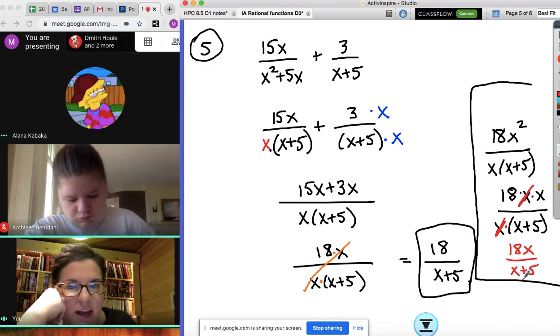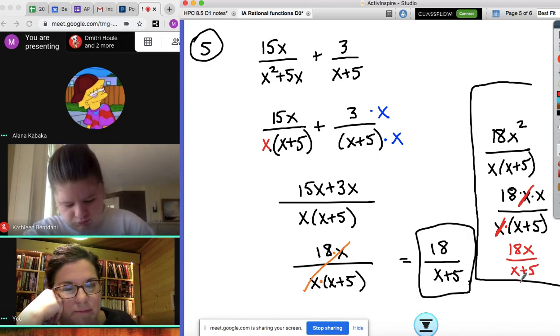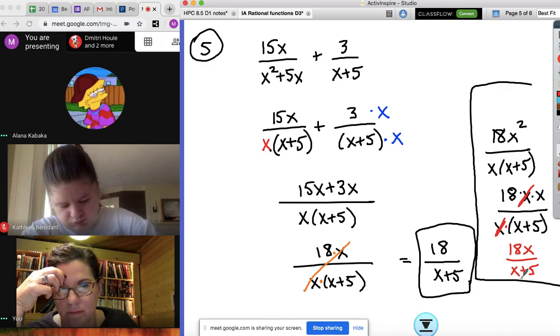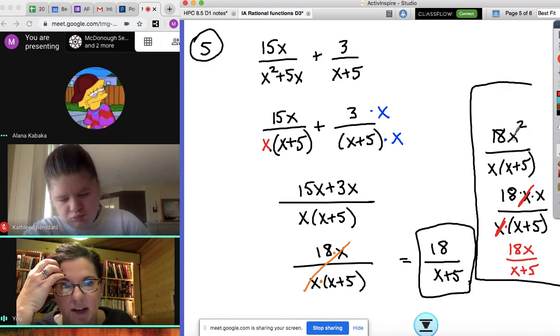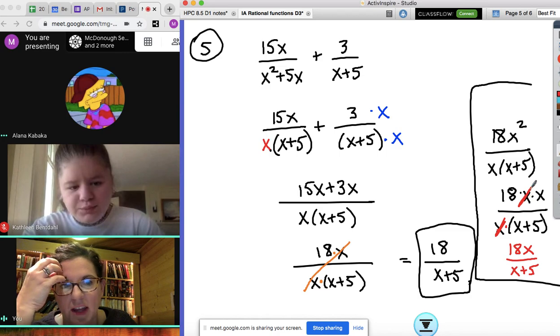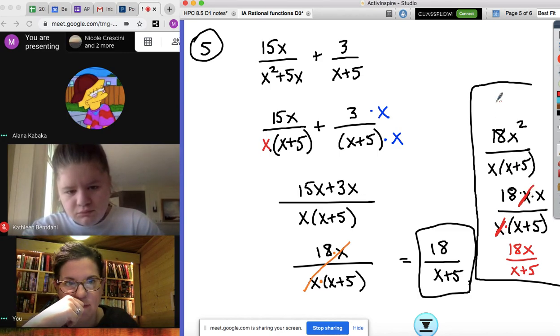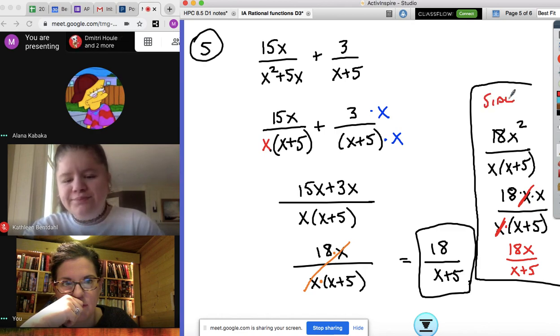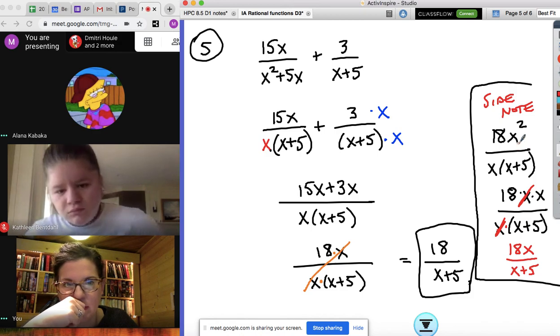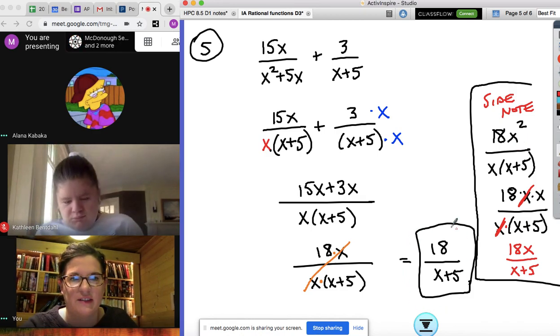You can only cancel if they're common multiples. So you had 2 on top, you have 1 on bottom. You can only cancel 1 from top and bottom. So is everybody clear that this is the answer to that problem?